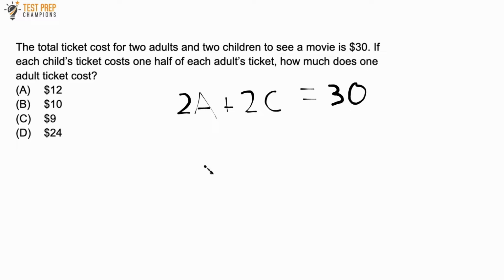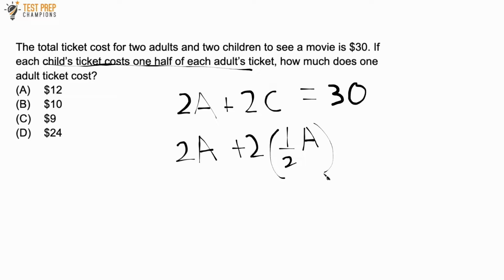So what I can now do, because I know that each child's ticket costs 1/2 of each adult's ticket, is take the first equation that I wrote here and modify it so that I have 2A plus 2. And for C here, I can write half A, because we know that each child's ticket equals half of an adult's ticket. And this is still equal to 30.